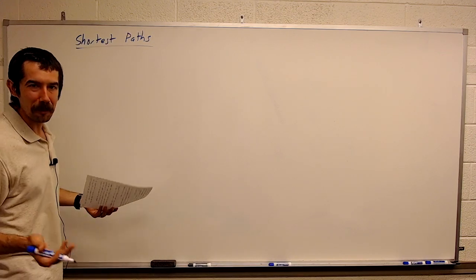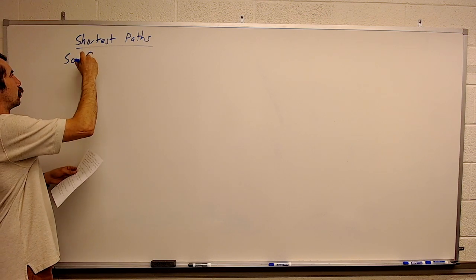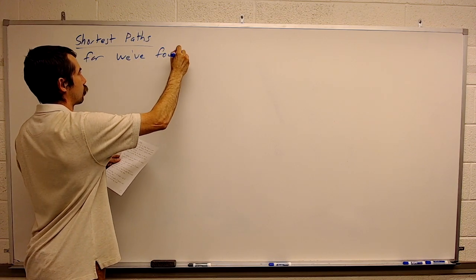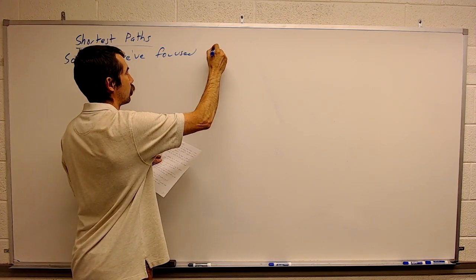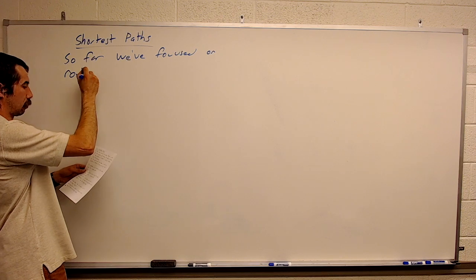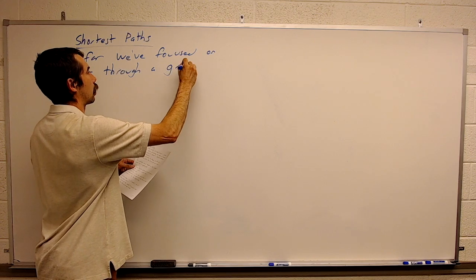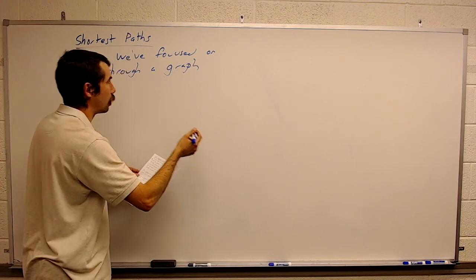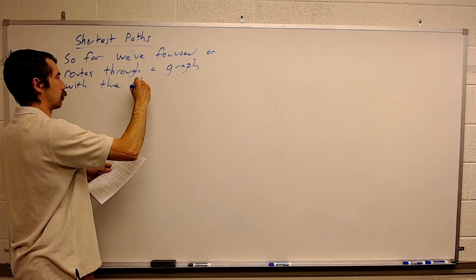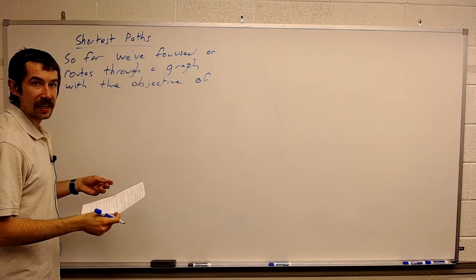All right, so if you've been watching along these last few weeks, you would know that so far we've only focused on routes that go through an entire graph, so that go through a graph with the objective of visiting all edges.